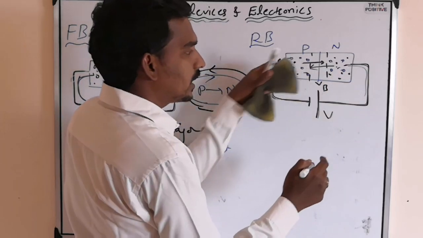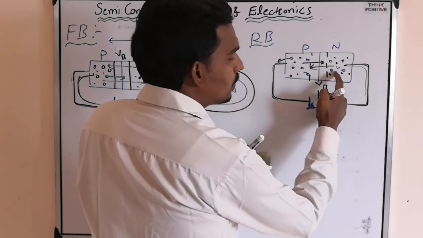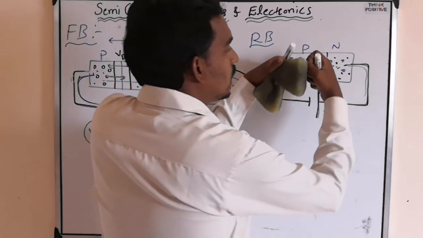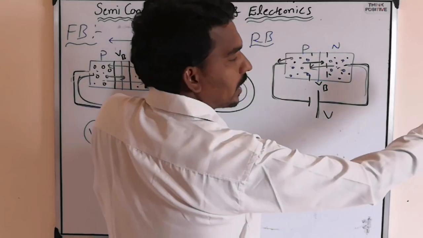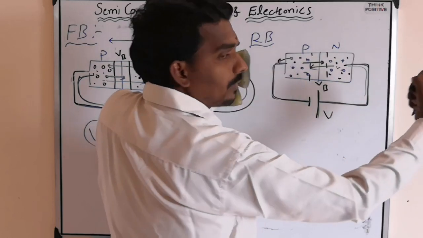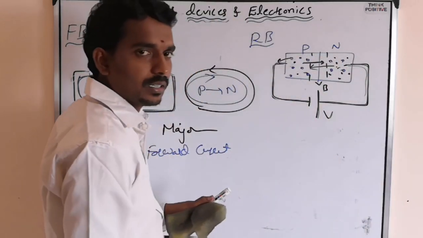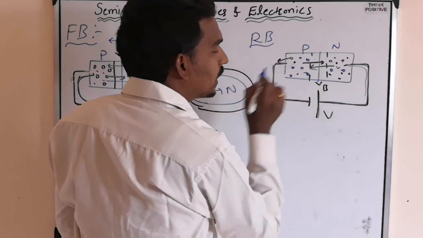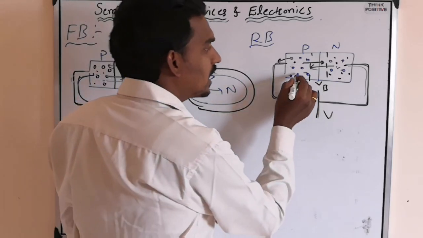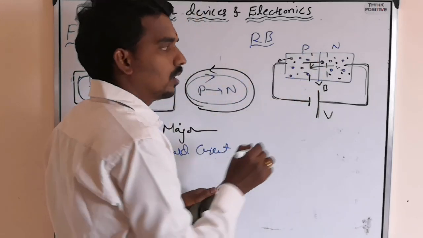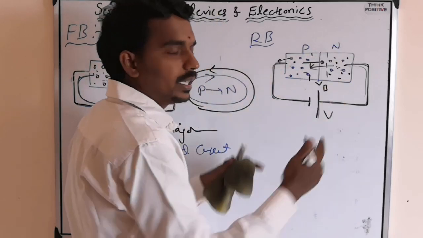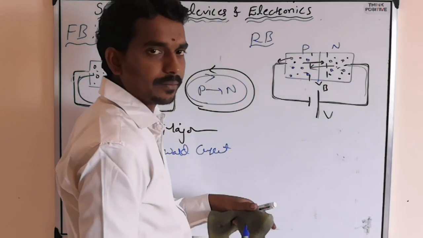So here majority charge carriers try to move away. They are drifting away, moving away from each other. Only minority charge carriers, electrons in p-type, holes in n-type, try to recombine.